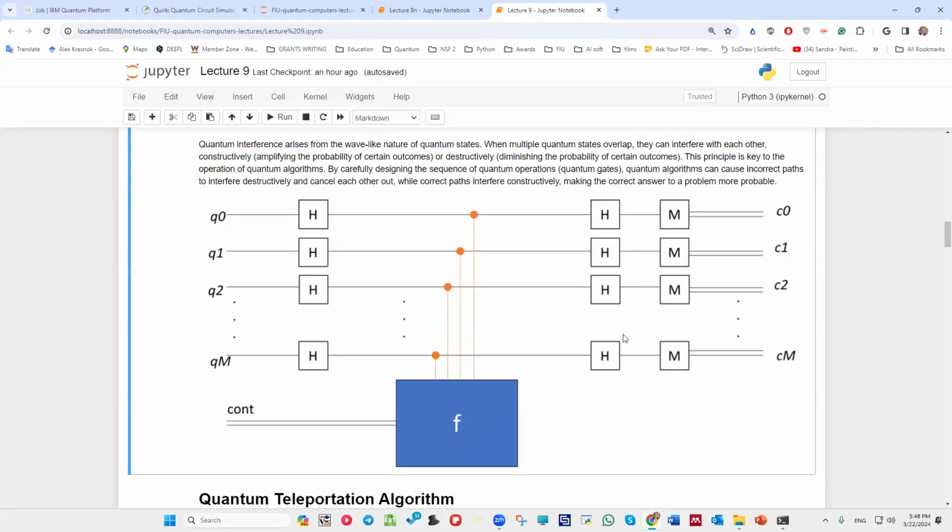So you can imagine this first layer of Hadamard gates like the first boundary, and the second layer of Hadamard gates like a second boundary. And then whatever you do between these two boundaries will drastically affect the result, the light that comes out from the resonator.